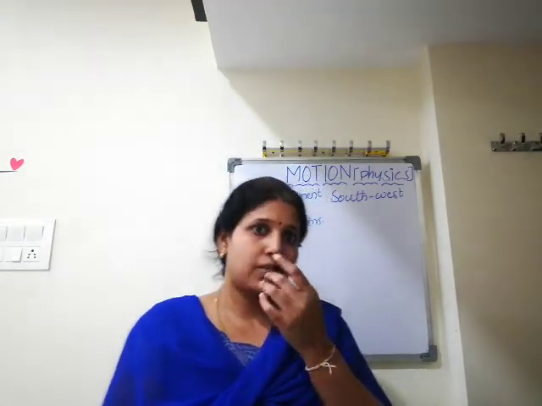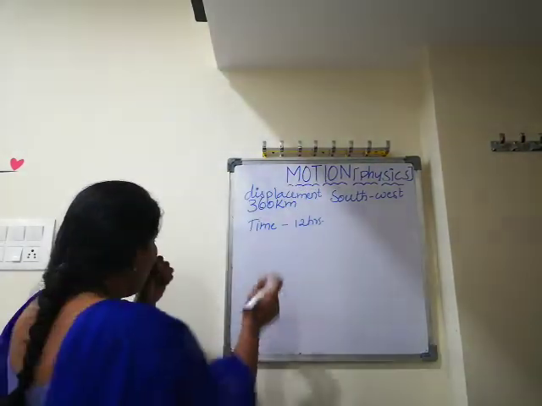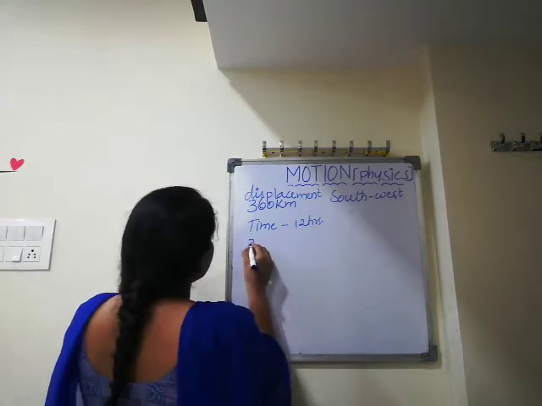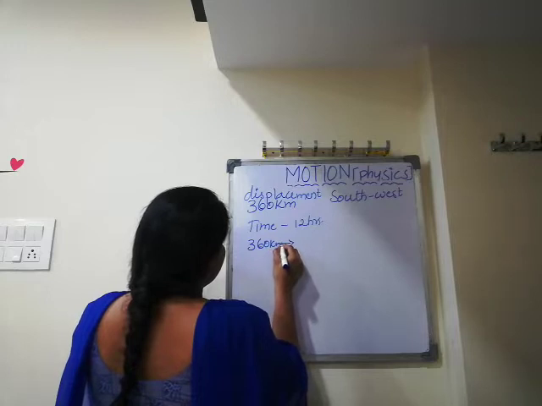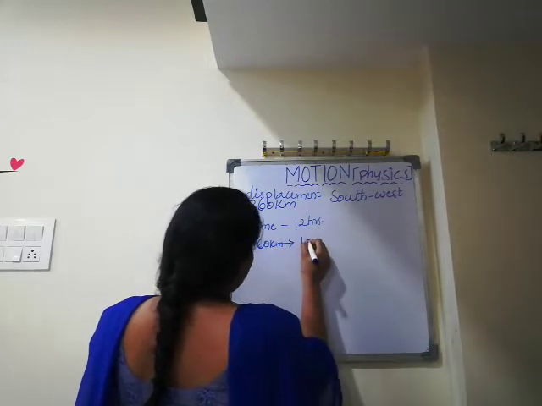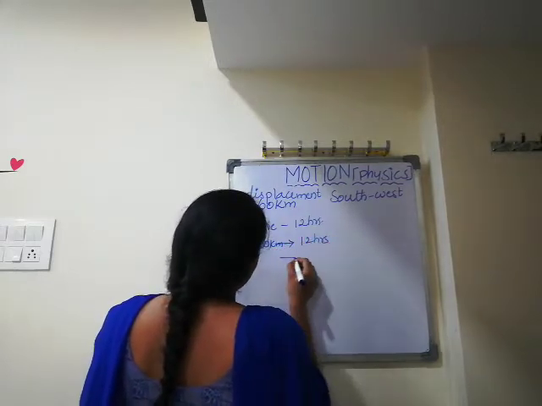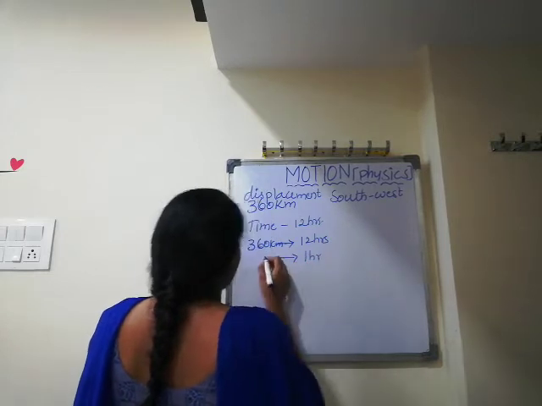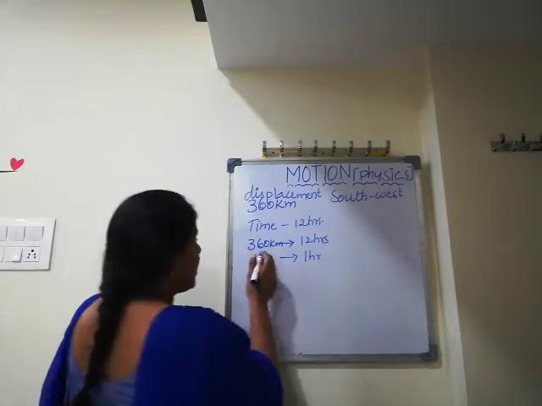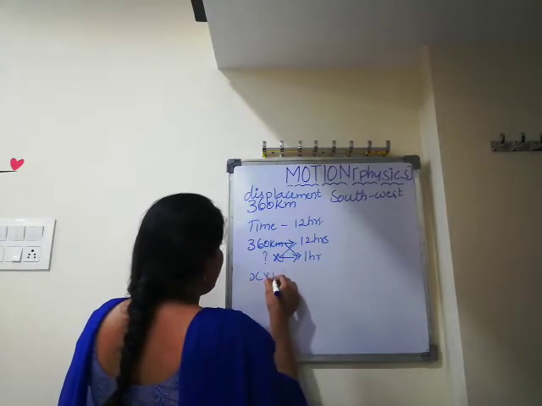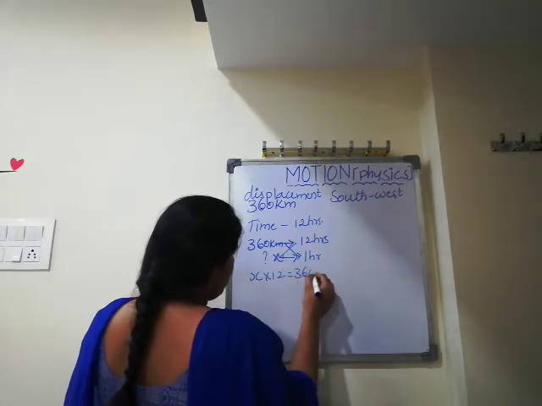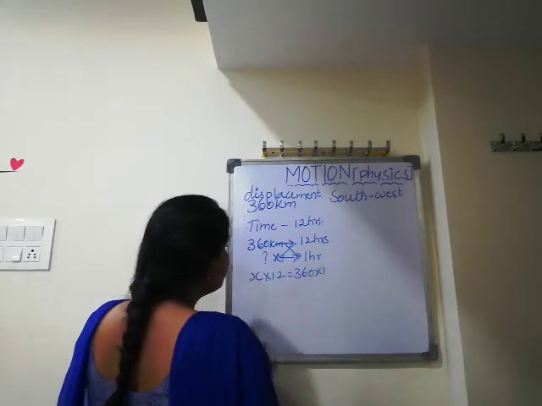360 kilometers. Calculate for 1 hour now. 360 kilometers was covered by the train in 12 hours. For 1 hour, how much? Again, consider this as x and cross multiply. X into 12 is equal to 360 into 1.